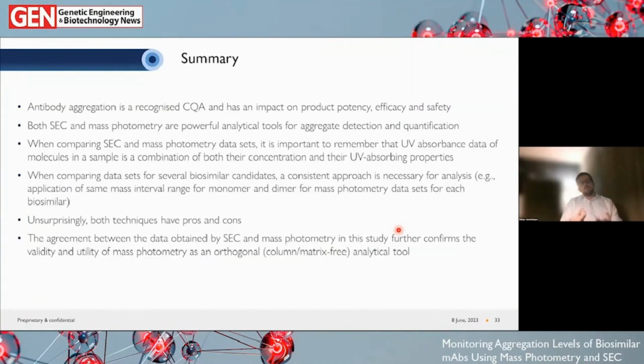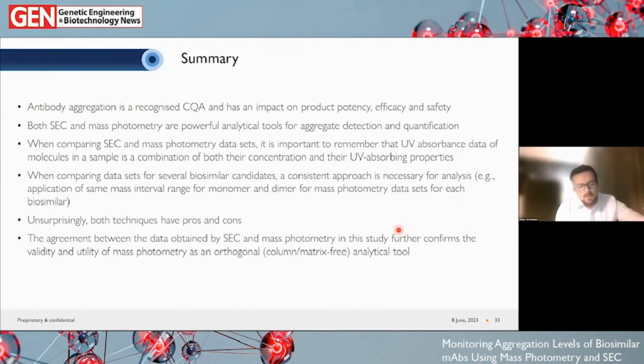So, in summary, antibody aggregation is a recognized critical quality attribute and has an impact on product potency, efficacy, and safety. Hence why this is often looked at in the creation of any antibody-based therapeutic, and will be looked at throughout the lifetime or production of that particular drug product.